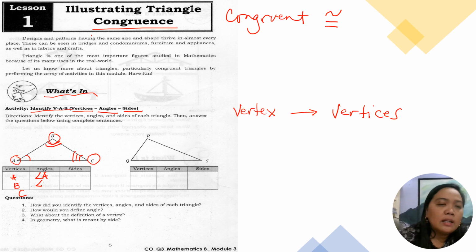We have angle A, angle B, and angle C. How many angles do we have? 3. How many vertices do we have? 3.